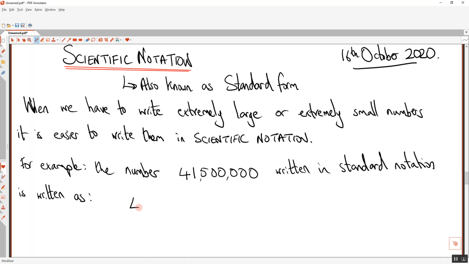In standard form it's written as 4.15 multiplied by 10 to the power of 7. And we'll explain how we go from writing it out in full to writing it out in standard notation.